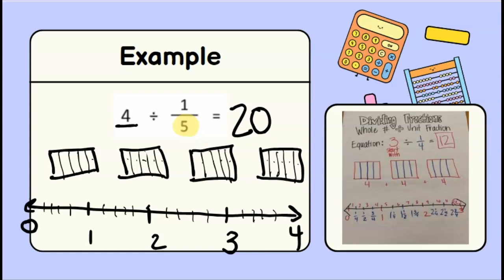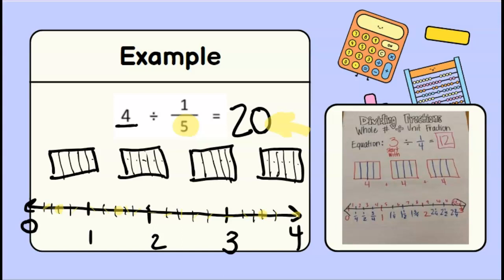I then count how many lines I have created, 1 through 20. Both of these represent the quotient to my equation.